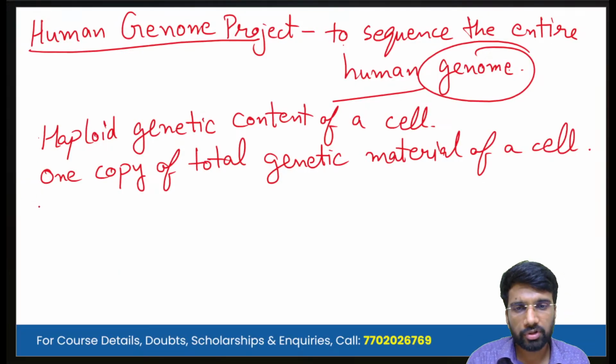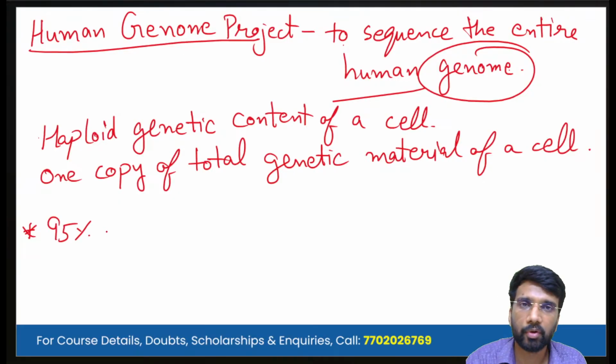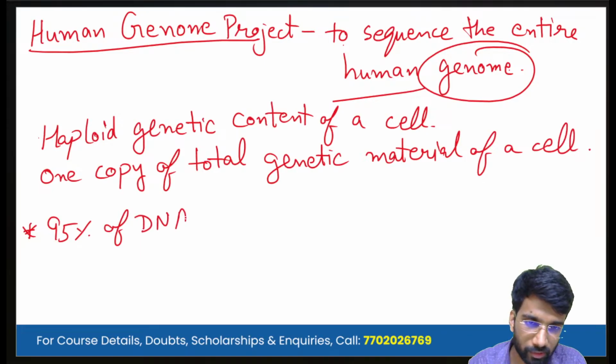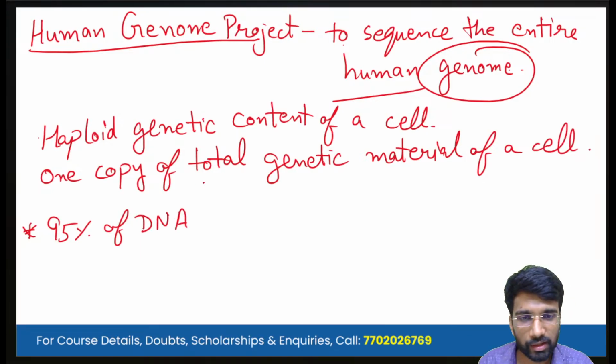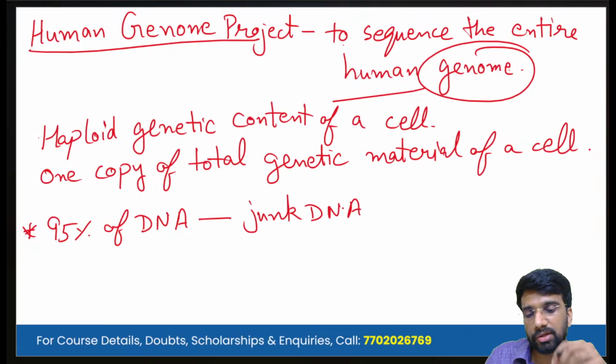This project was concluded in 2003. And what were the observations? The observations are startling: 95% of the DNA in a human cell is junk DNA. And junk DNA, as we discussed in the last session, is DNA that is non-functional.